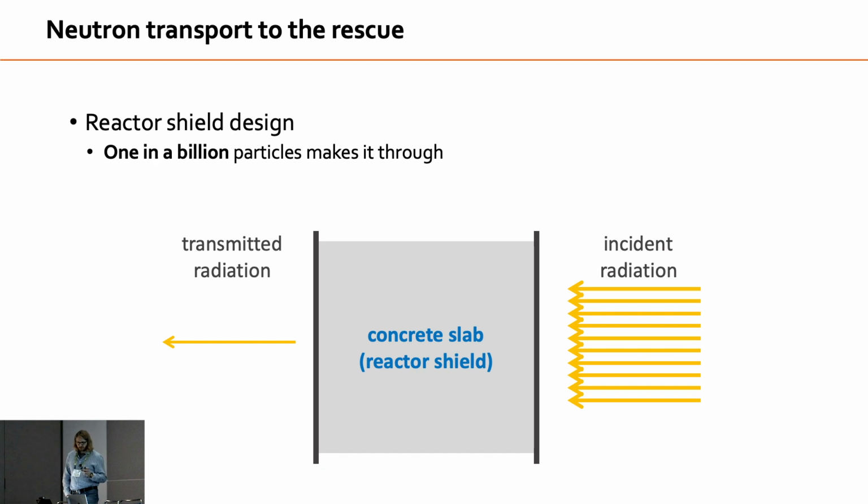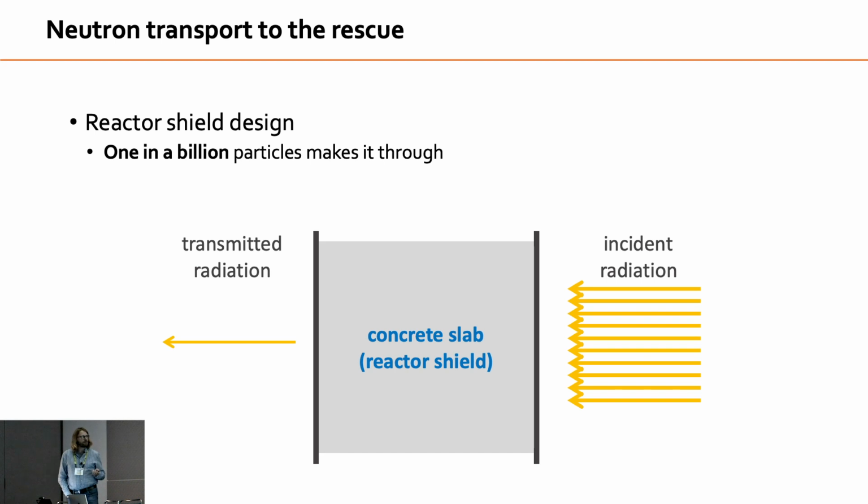You have your reactor core, and then of course you need to shield the core to ensure that none of the radiation that's inside of the core will actually make it outside. And somehow, the standard would be that only 1 in a billion of the particles that are emitted at the core of the reactor are allowed to actually make it out.